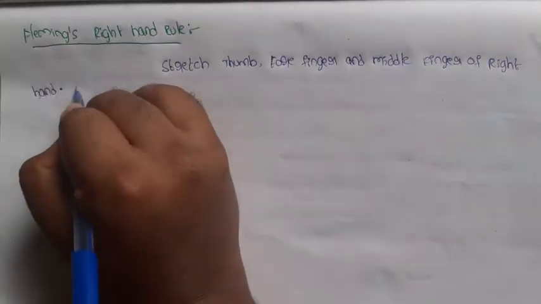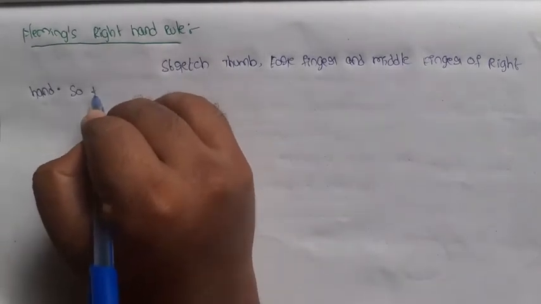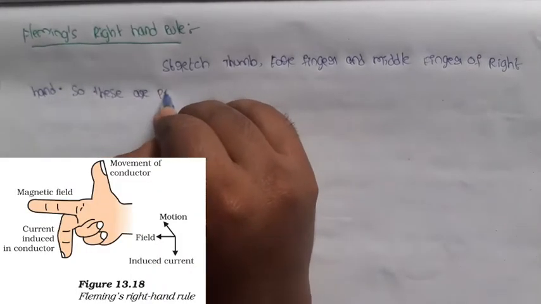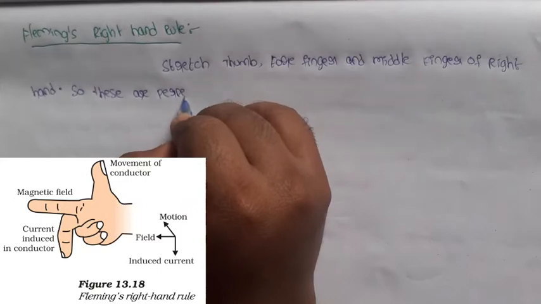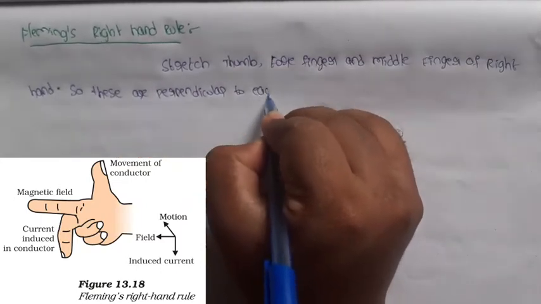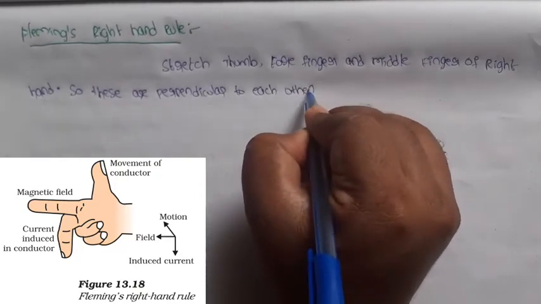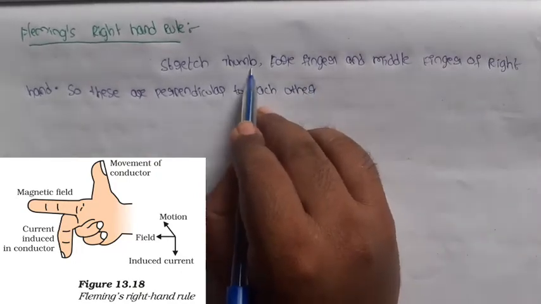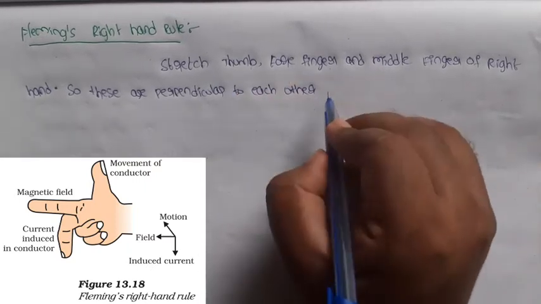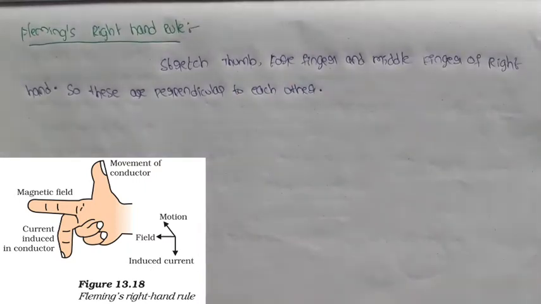Observe here, these three fingers, thumb finger, forefinger and middle finger, are perpendicular to each other.